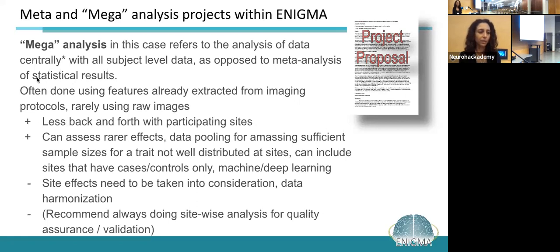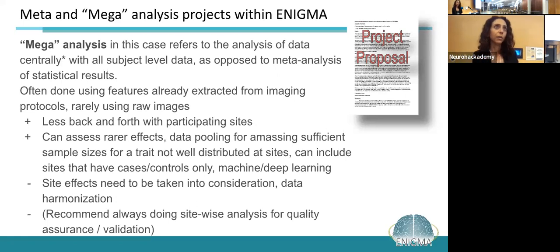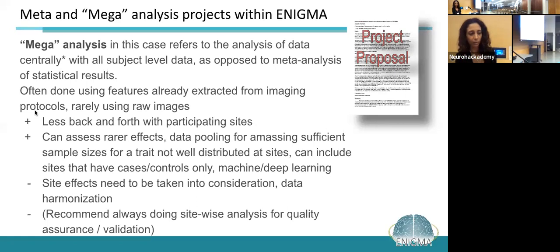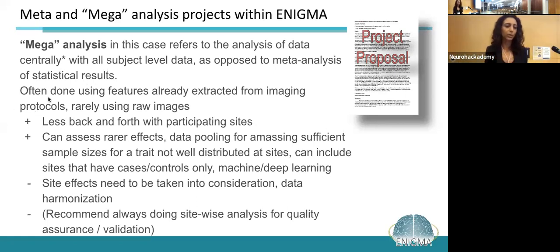as opposed to meta-analysis. So I put an asterisk on centrally because there's also a lot of efforts. I don't know if anyone is familiar with some federated analyses and approaches, especially some federated machine learning approaches.